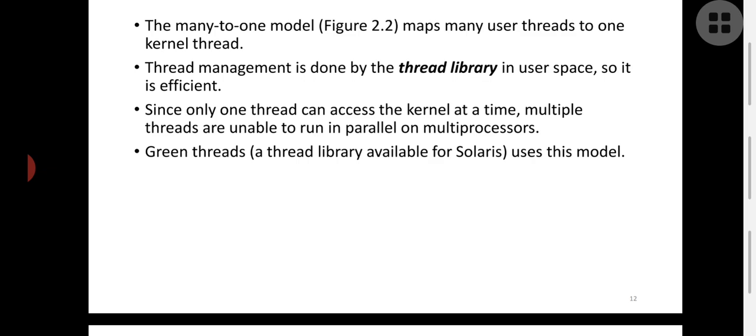Instead, we can use multiprocessor architectures so that all threads can run in parallel or concurrently. Green threads adopt this model. Green threads is a thread library present in the Solaris operating system.